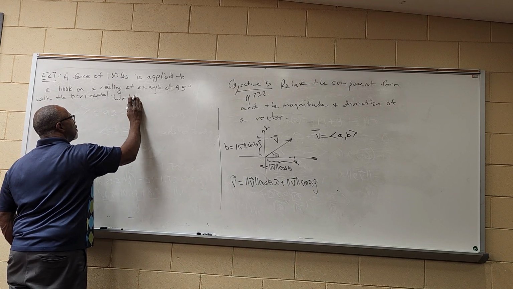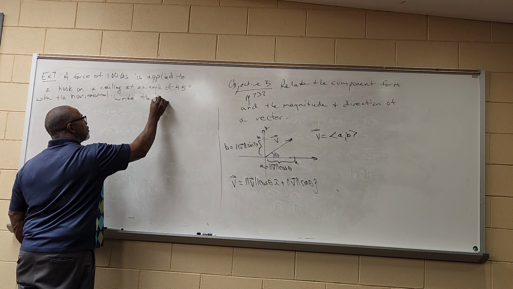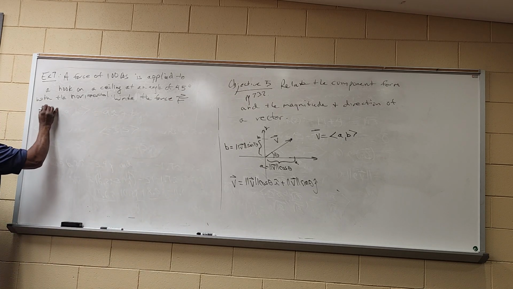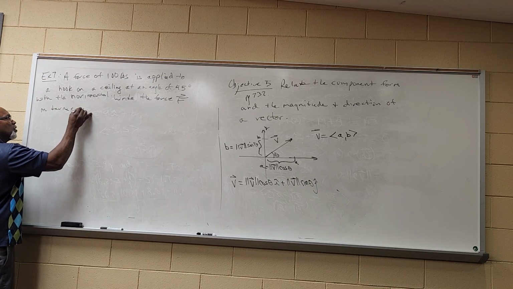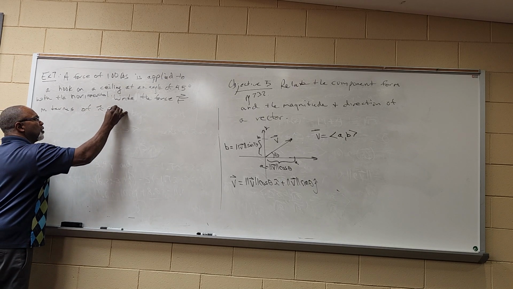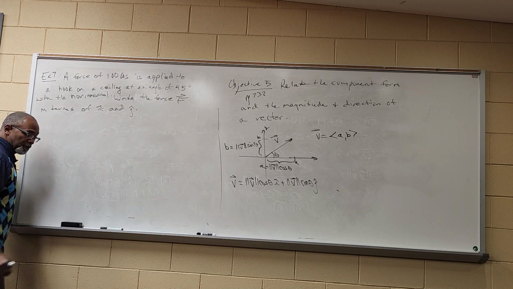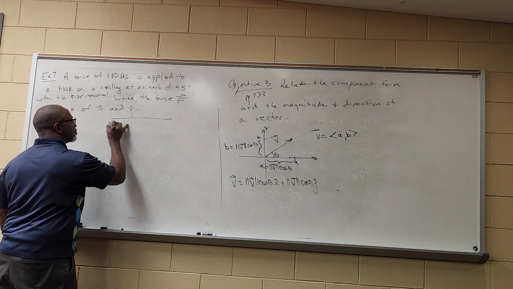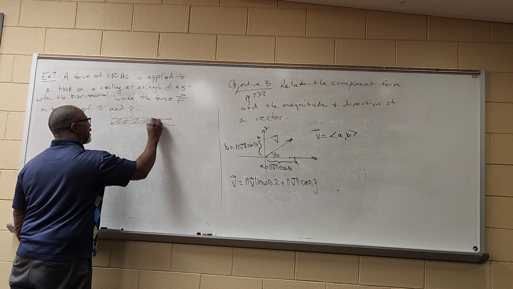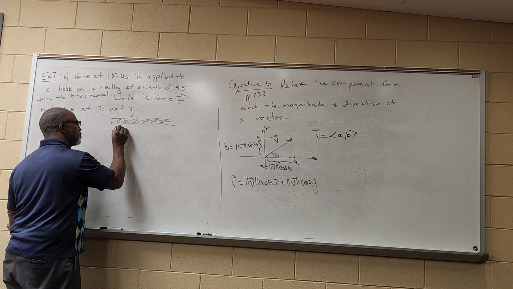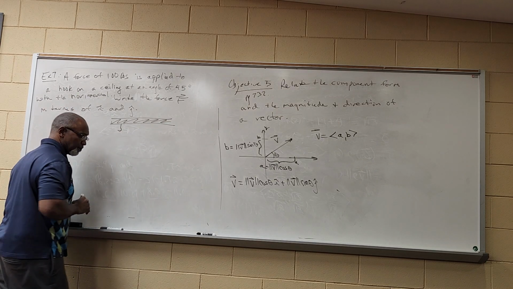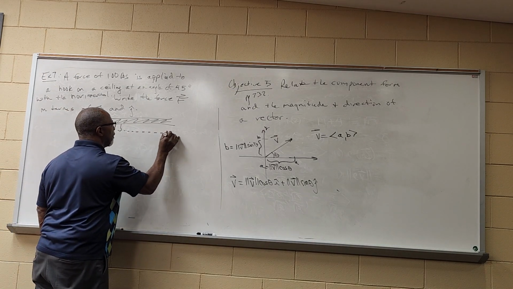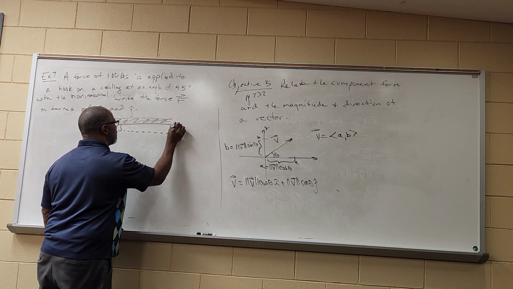Write the force F, that's going to be a vector, in terms of i and j. We've got a ceiling, we've got a hook, and we think of this as the horizontal.